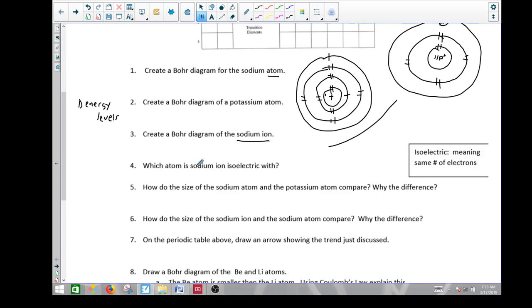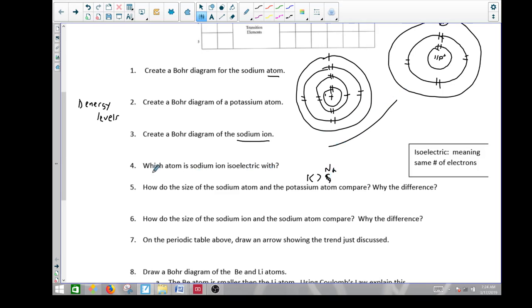That's why I look at that first. How does the size compare? Well, obviously the potassium atom is bigger than the sodium atom, Na for sodium, because it has more energy levels.